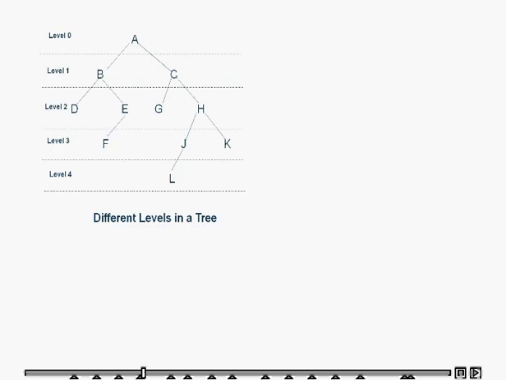Now we study levels in a tree. Visibly, we can see in this diagram these are levels. These parallel lines you are seeing are different levels. We have the topmost node as A. The level comprising the topmost node is known as level 0.